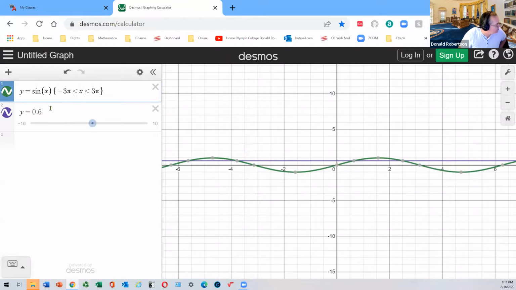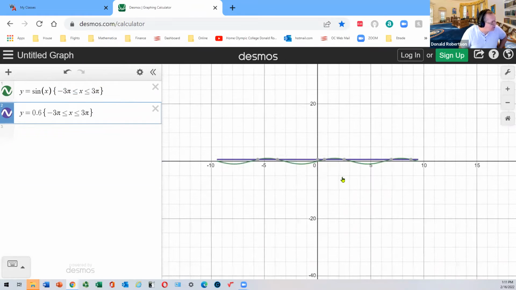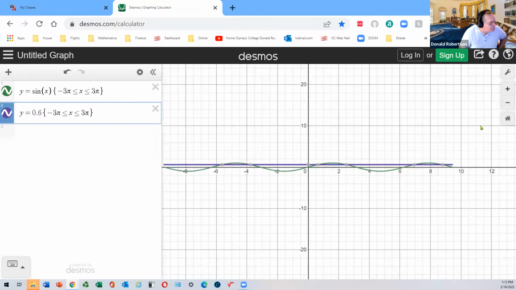Click out of that, and curly bracket again. Actually, to save some time, I'll just copy that and then paste it. There we go. Now I'm going to go into my window because that's very hard to see.